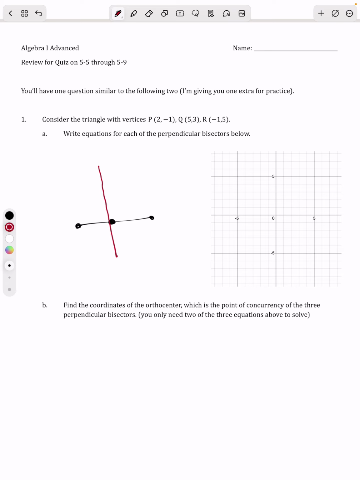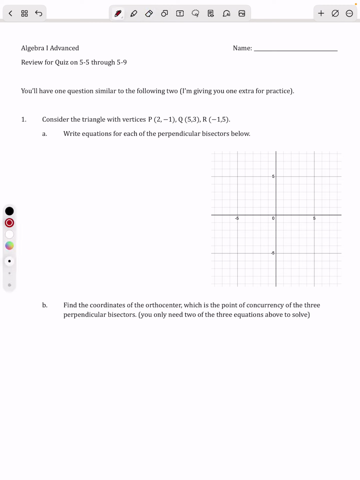So I want you to think about what that means. Every time we write an equation for a perpendicular bisector, we're going to have the midpoint and the perpendicular slope of the given line. And we know that that's opposite reciprocal. So let's jump into this right away.